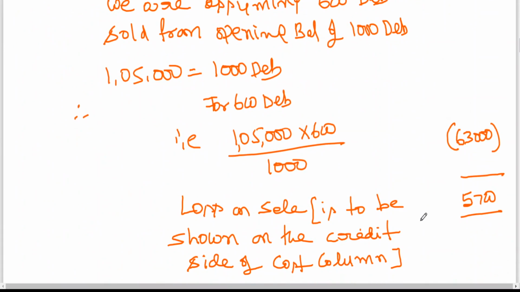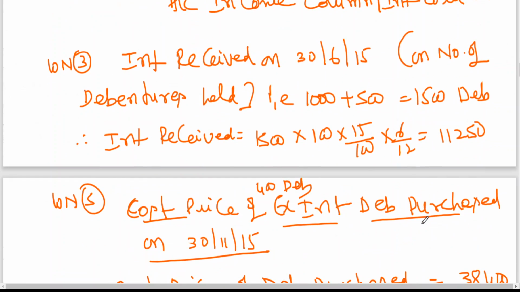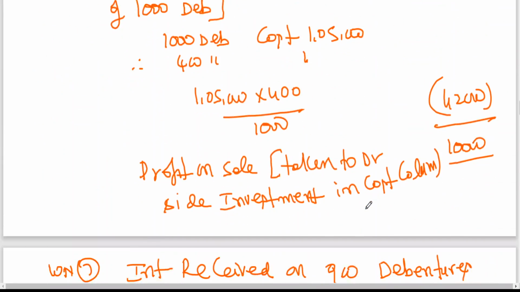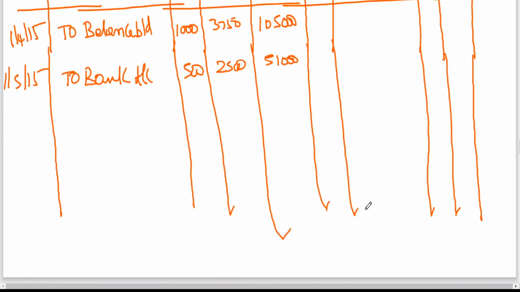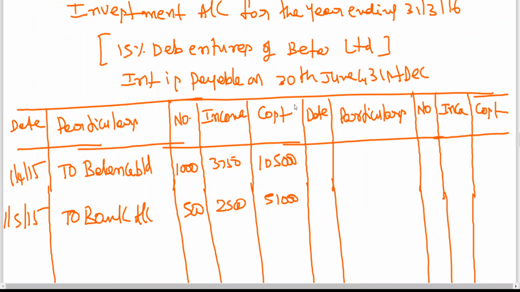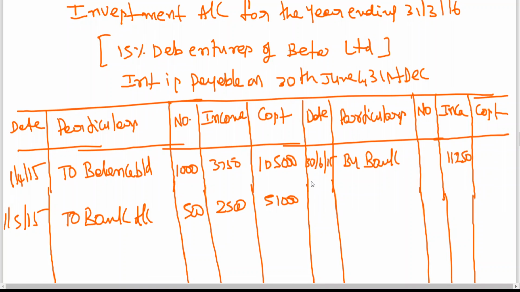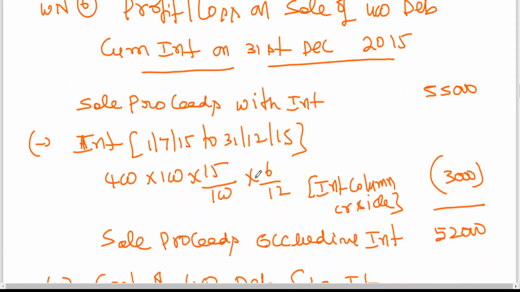Working notes number 3. Interest received. Interest received will be taken to which side? Credit side. We have already calculated interest. In income column 11,250. Next, working notes number 4, sale proceeds.